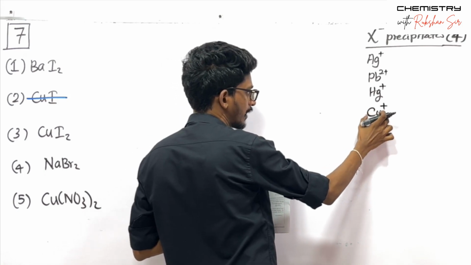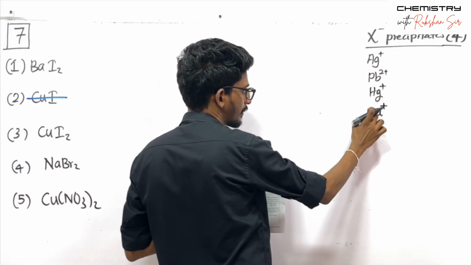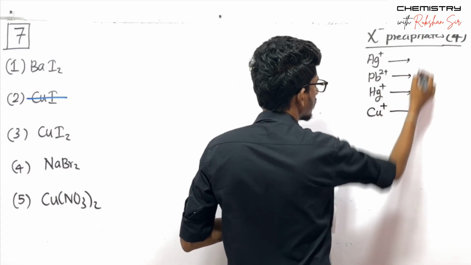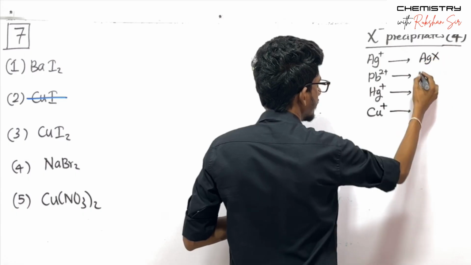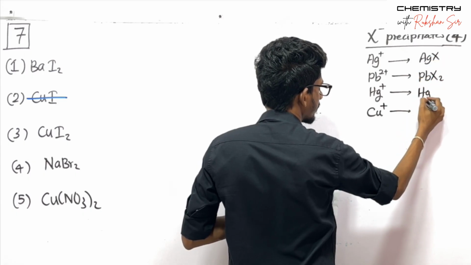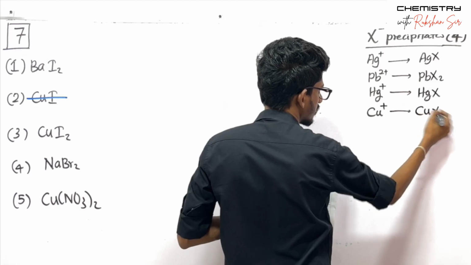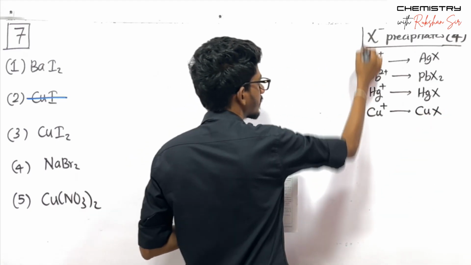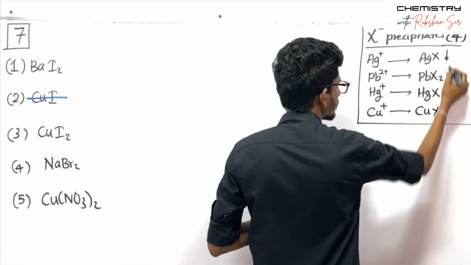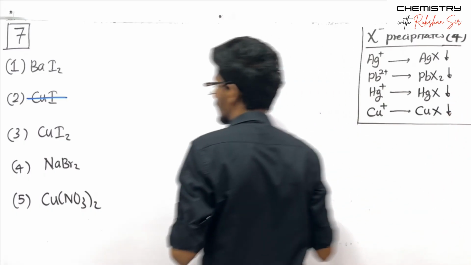Copper plus 2 is not capable of producing a precipitate of halides, right? But copper plus 1 is. AgX, PbX2, HgX or Hg2X2, CuX, right? So you see, CuX is kind of a precipitate.